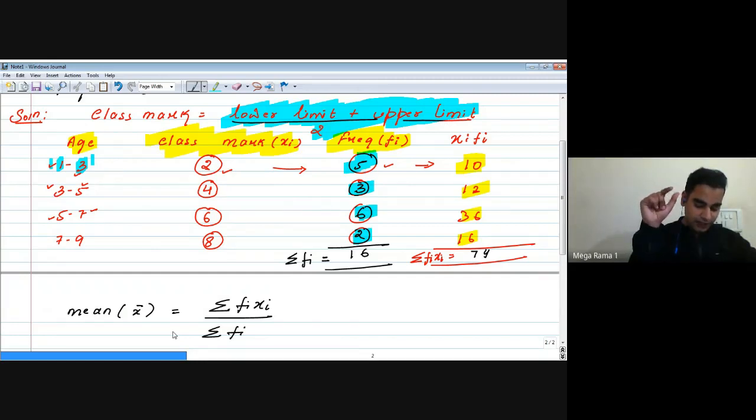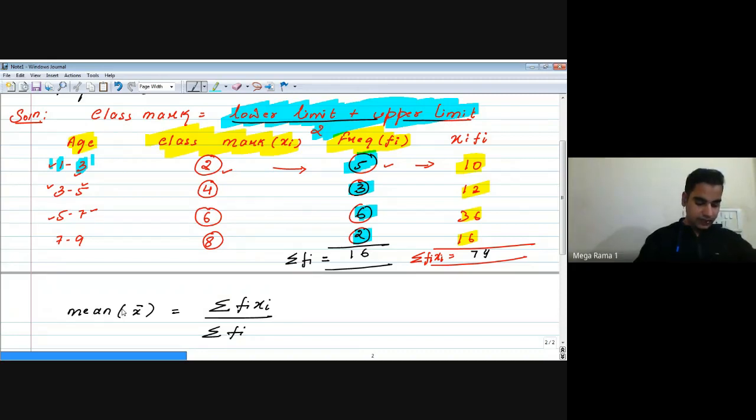But since we are talking about age, you will not see such situations. Yes, in that situation, whenever you have to find out the class mark, you have to add the lower limit and the upper limit, and divide the sum of both of them by 2 to get the answer. That's it.